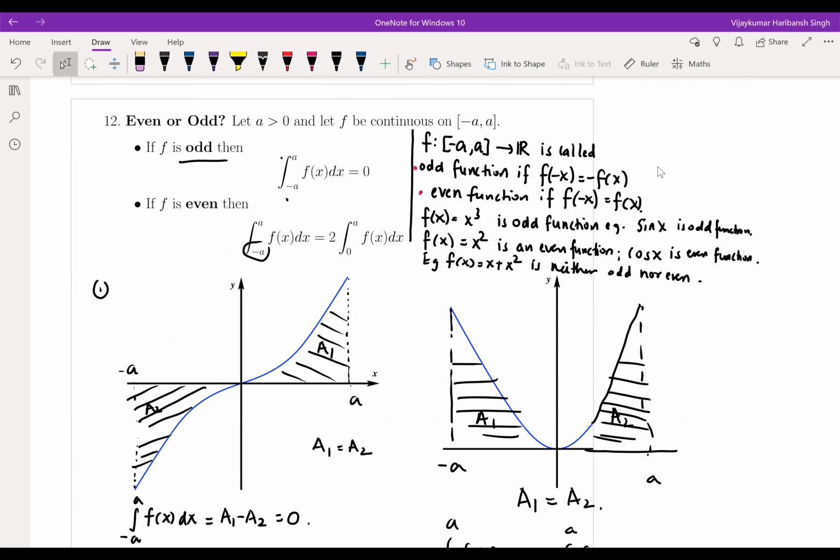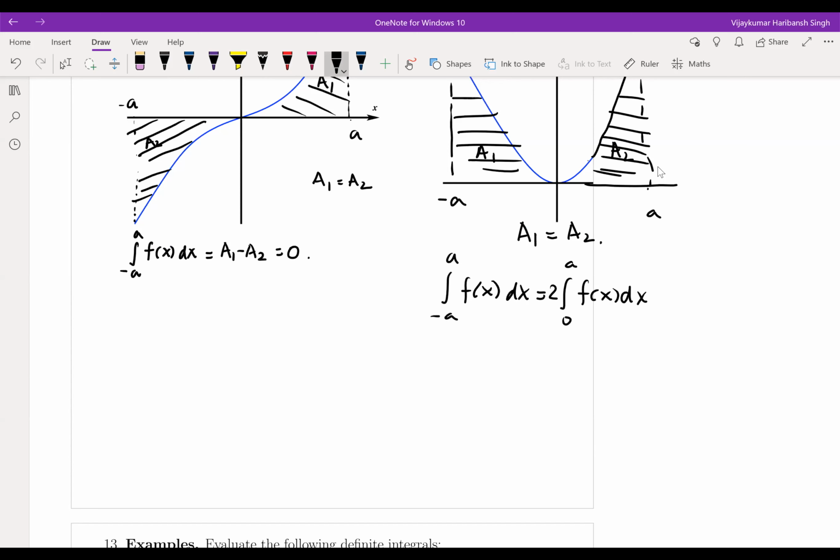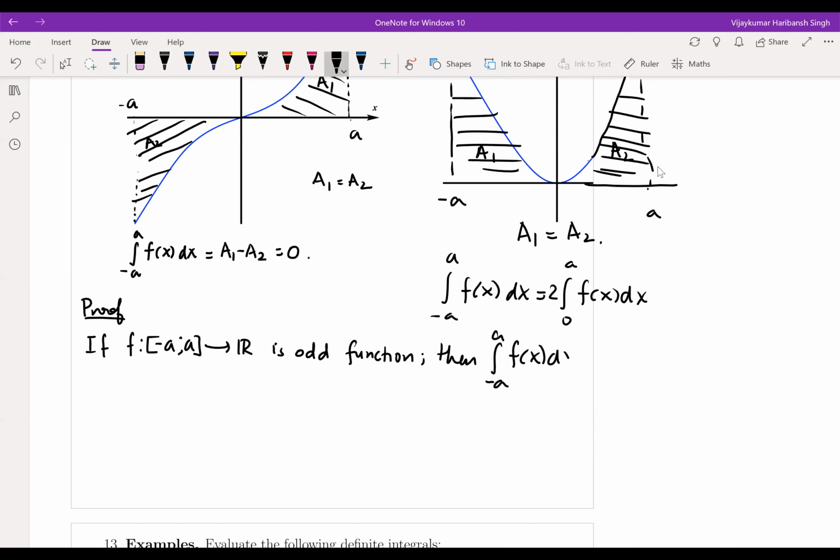You should be able to prove it without the picture. What do I mean by that? Let's prove without the picture that if f from minus a to a to R is an odd function, then the integral from minus a to a of f of x dx is 0.